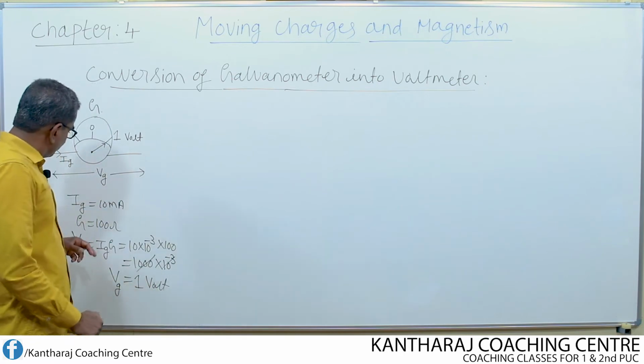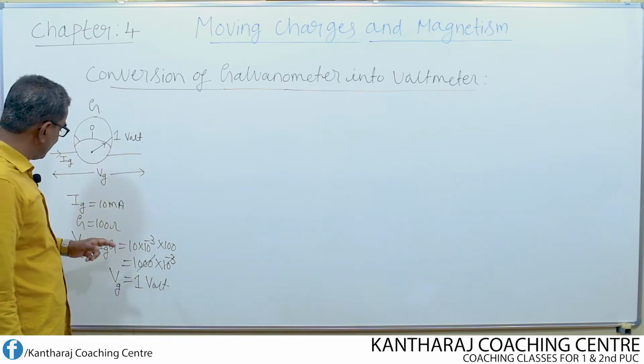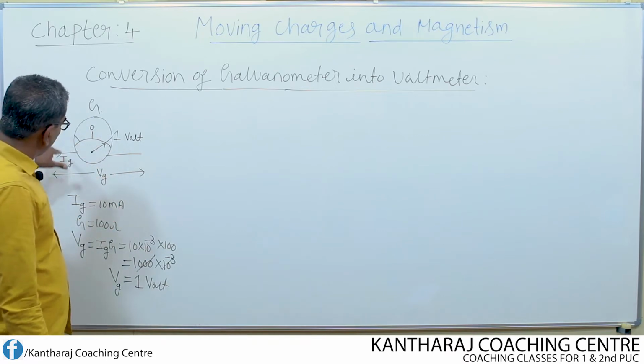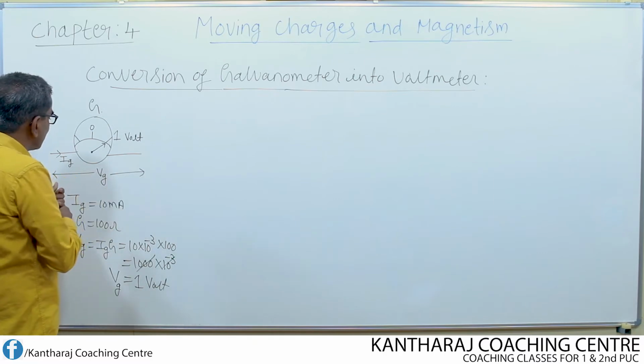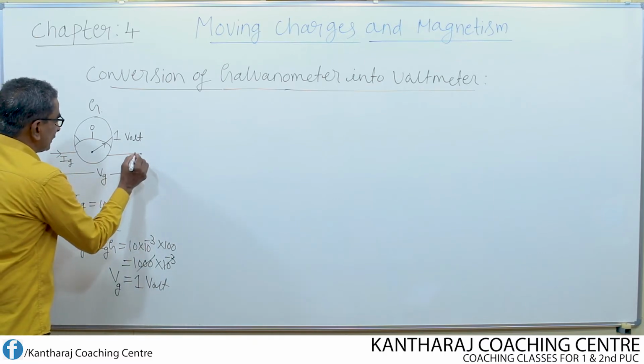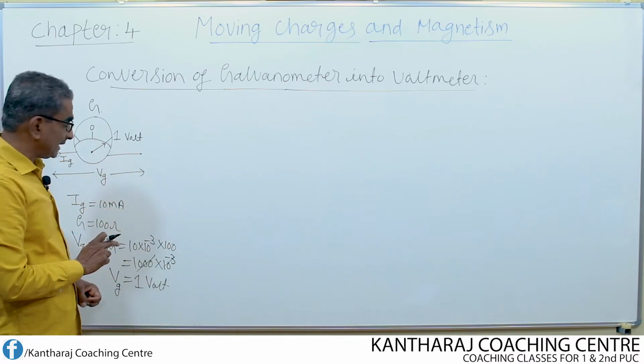Now suppose the current required to produce full scale deflection, that means 30 division deflection, is 10 milliamps. If the galvanometer has a resistance of 100 ohm, then what will be the potential difference between the two ends of the galvanometer?